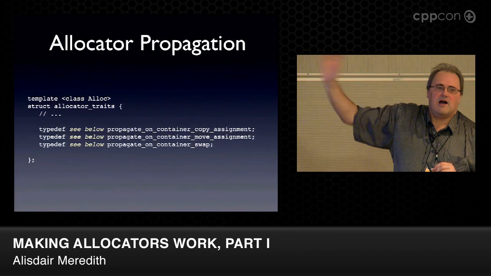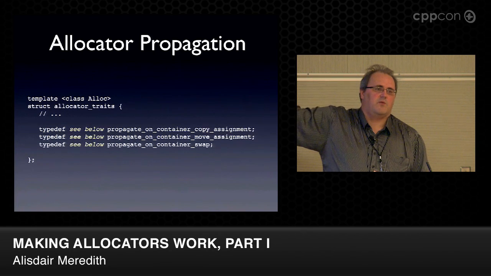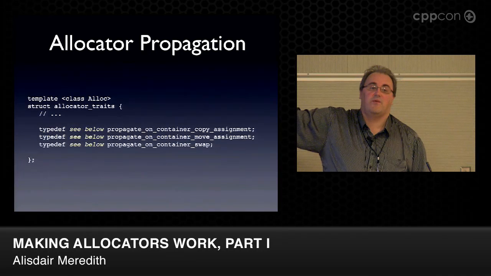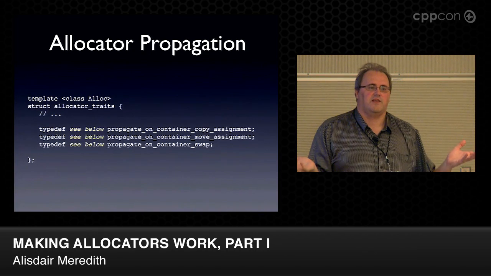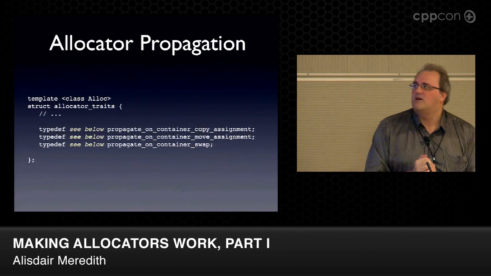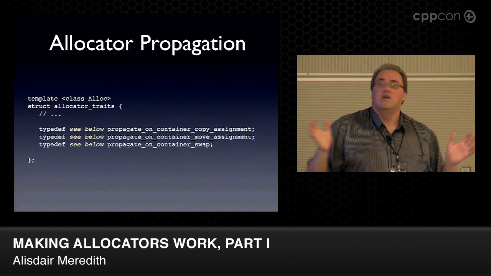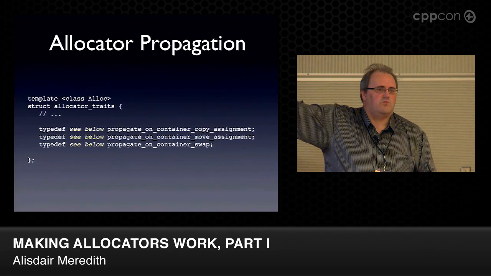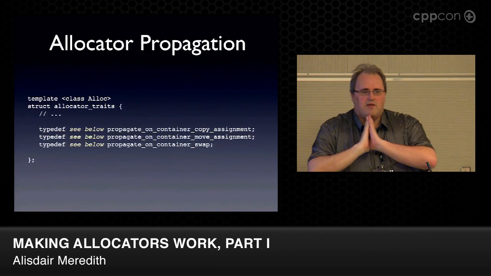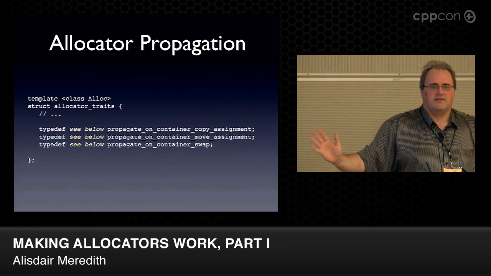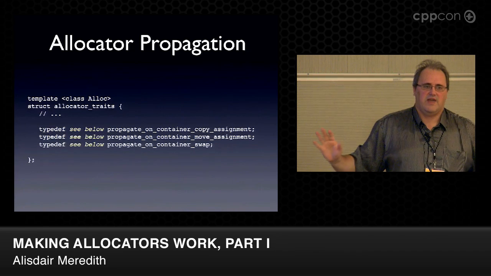And in hindsight, I think this is something where we were just being a bit conservative in where we specified the standard. We've made this very fine-grained so that people could customize the wide variety of behaviors they were imagining. We didn't have much experience with this. We knew there was the model where allocators always propagate, and the model where allocators never propagate.